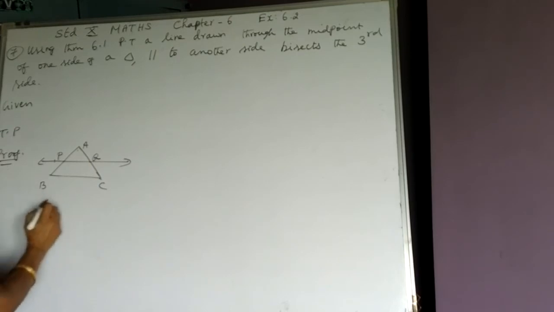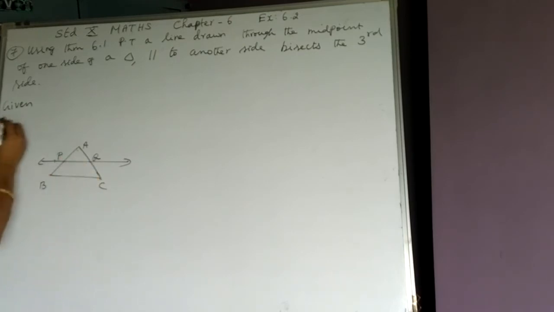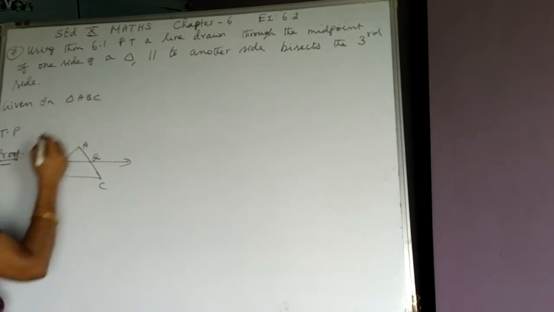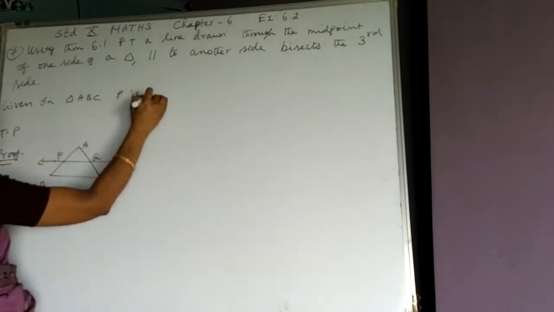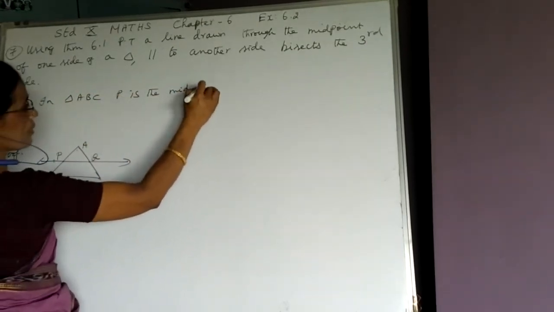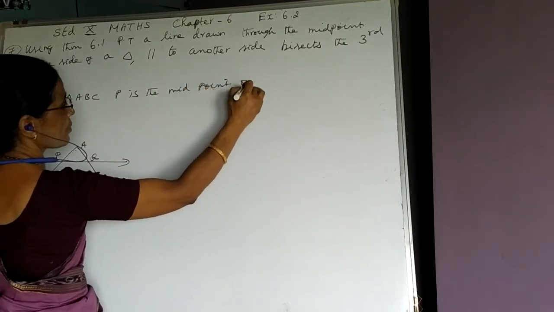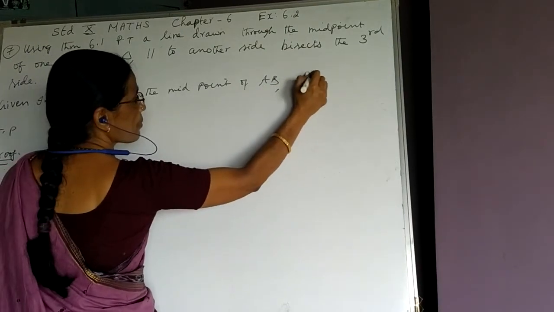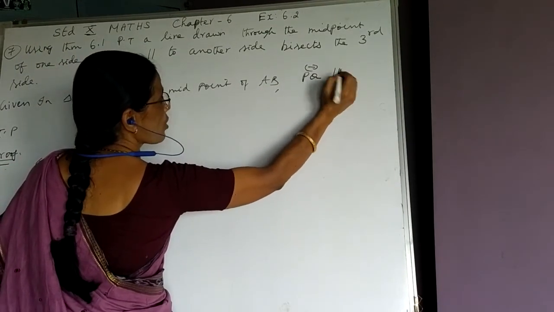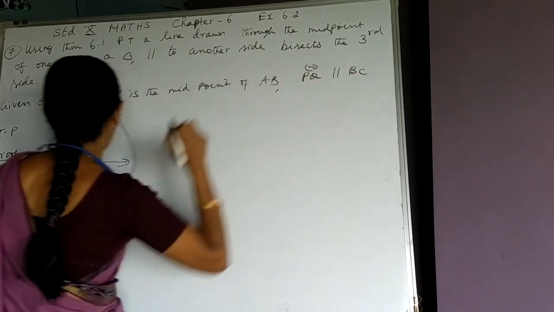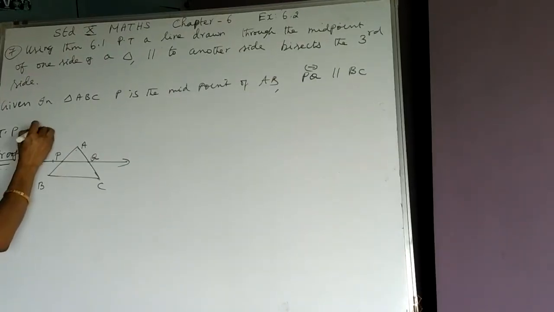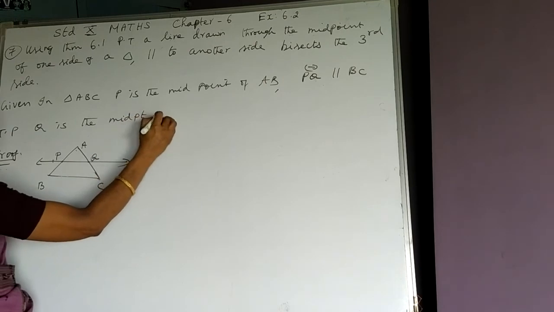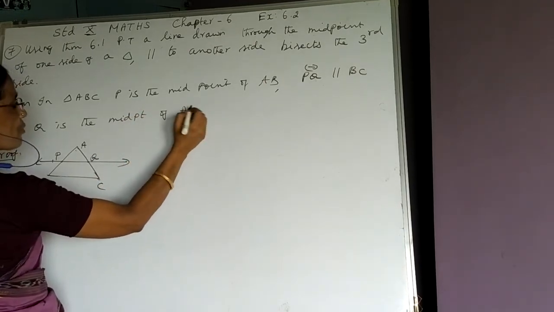So what we have to prove? Q is the midpoint of AC. So given in triangle ABC, P is the midpoint of AB and PQ is drawn parallel to BC. To prove Q is the midpoint of AC.